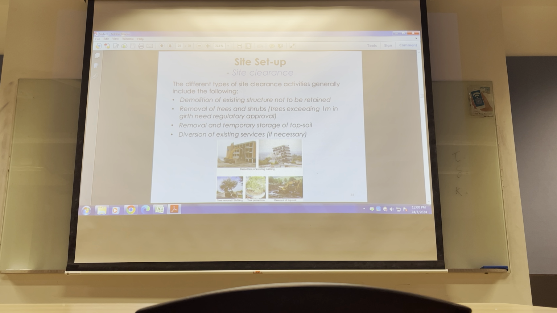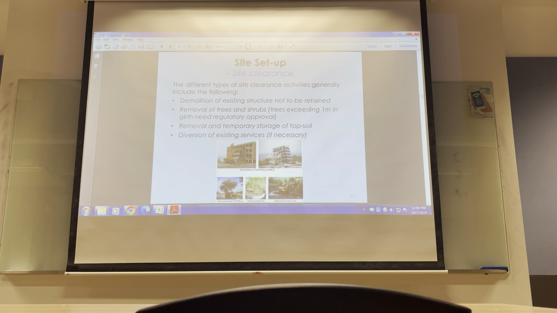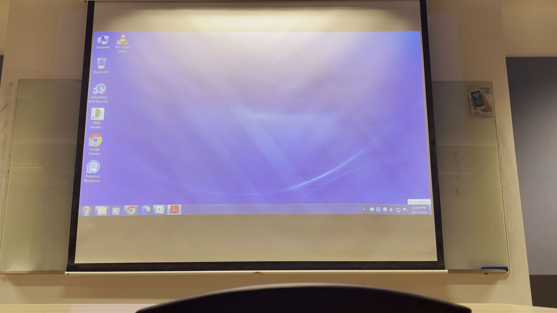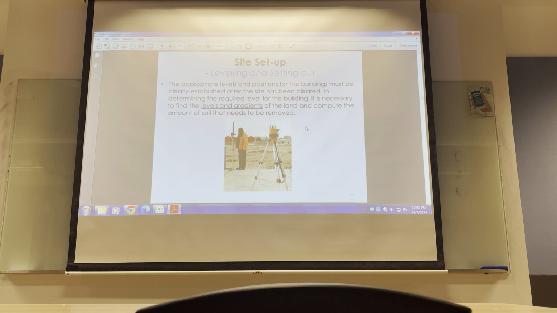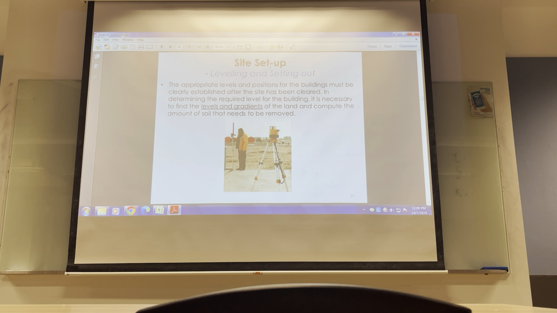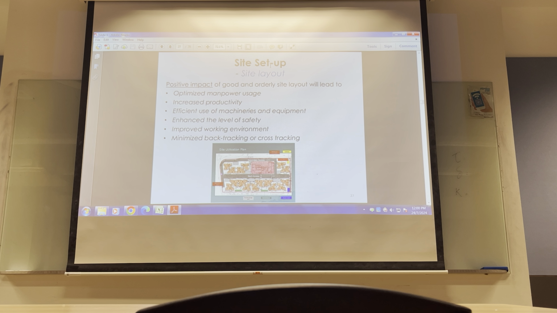And once you have those data, then you need to make further plan to do site clearance, clear the site, to establish the access, remove any obstruction if there is any existing building, do services diversion if you need to, check the level, set out your building, lay out the site, allow for storage, accommodation, site office, security, toilets, and so on.